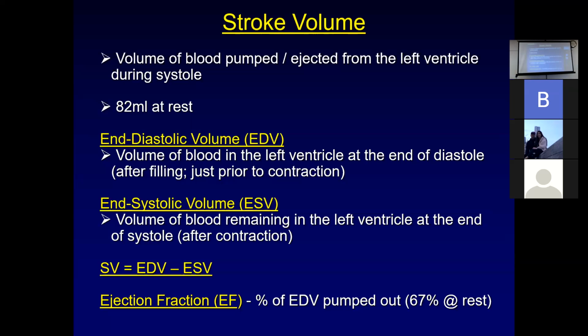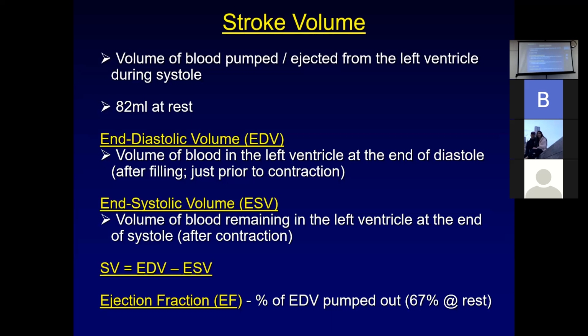I'm pouring blood into the ventricle with atrial contraction. It's going to fill up to some extent, then the atria relaxes, so it stops. And then the ventricle is going to contract and dump the blood out. So however much is in the ventricle at the end of atrial contraction, that's end diastolic volume.